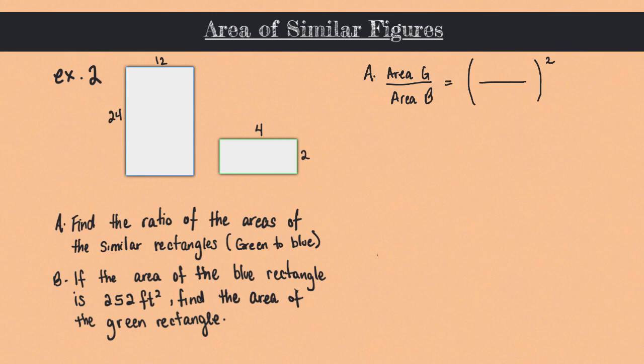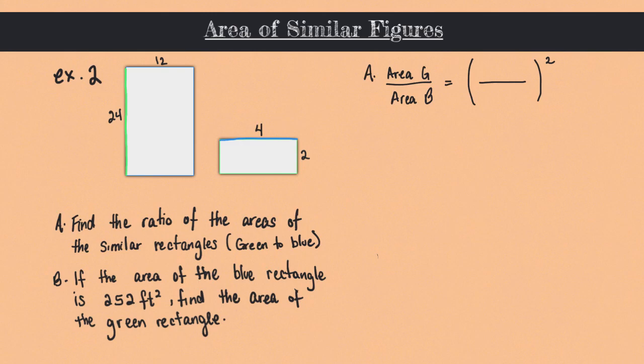So I've decided to use the long side of our blue rectangle, and its corresponding side in the green rectangle should be the long side of the green rectangle. So in other words, I'm using both the long sides.